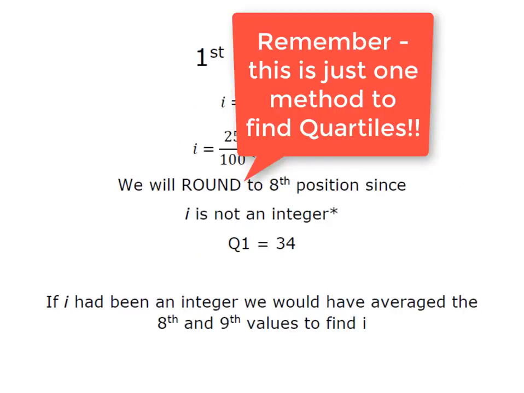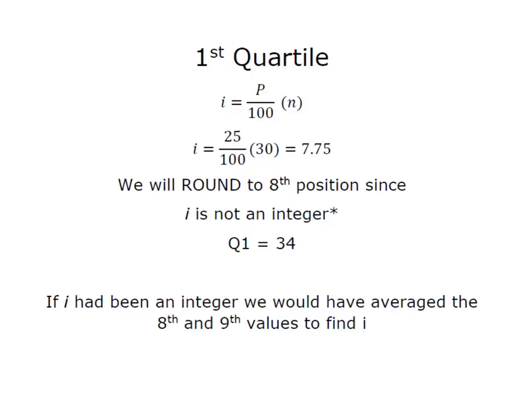Now we're going to find the first and the third quartile. Remember that when we're looking for the first quartile, we have to find an index value first. We do that by dividing the percentile we're looking for by 100, multiplied by the number of values. Remember, the first quartile is the same thing as P25. So I've simply taken 25 divided by 100 times 30, which gives me 7.75.